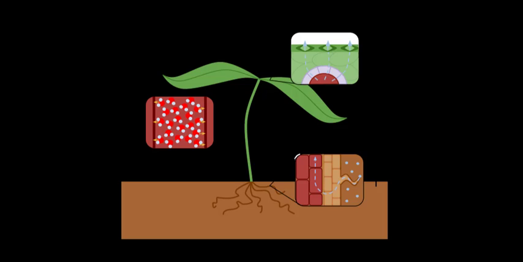So what happened to that celery in the first slide? When we put the celery inside the water with purple food coloring, that water was pulled up the stalk of the celery, moving across, as you can see right here, the plasma membrane of every cell. Water moves in a specific structure in plants called the xylem.